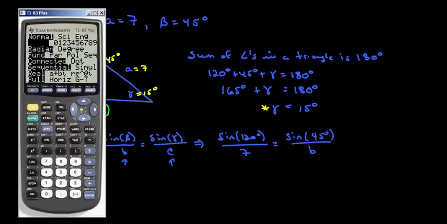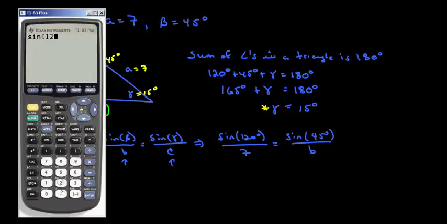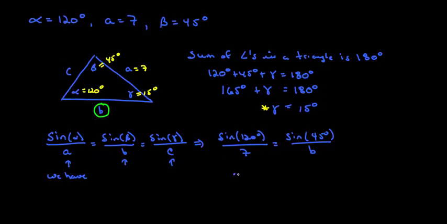I'm going to make sure that I'm in degrees. Sine of 120 degrees is square root of 3 over 2, about 0.866.